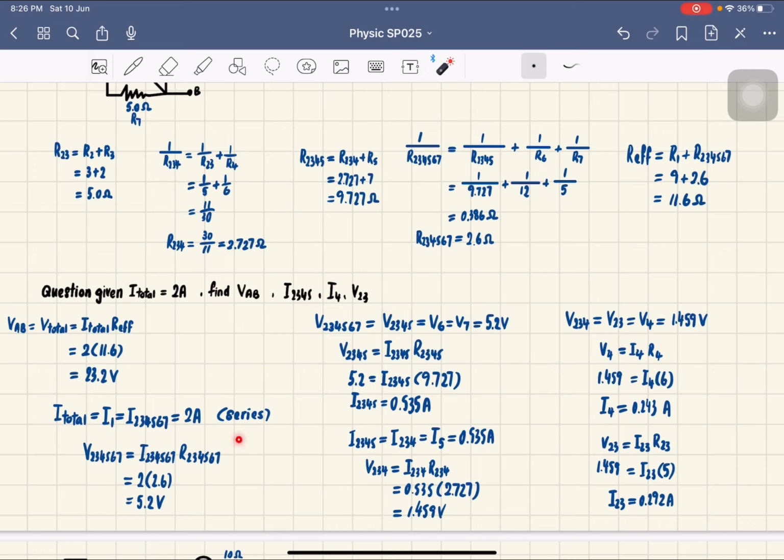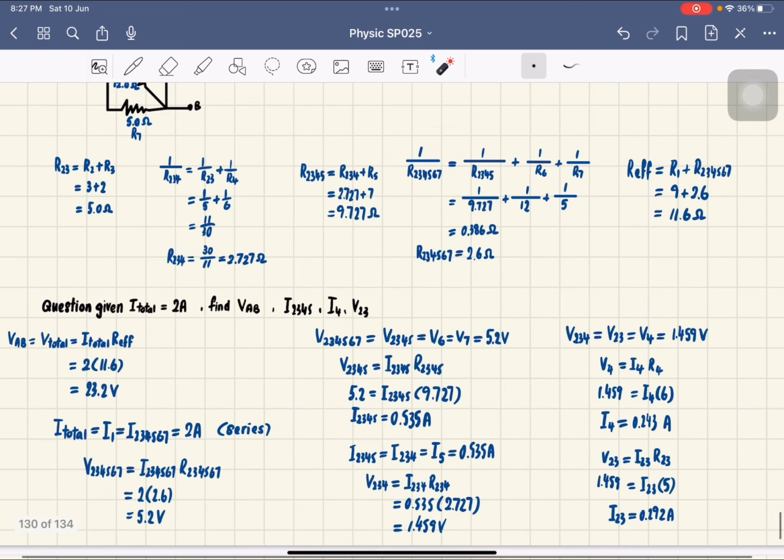So for series circuits, the I is always constant, so equal to 2 ampere. So we use 2 ampere times the resistor 234567 with the resistance 2.6 ohm. So we get the voltage for 234567 equal to 5.2 volts.